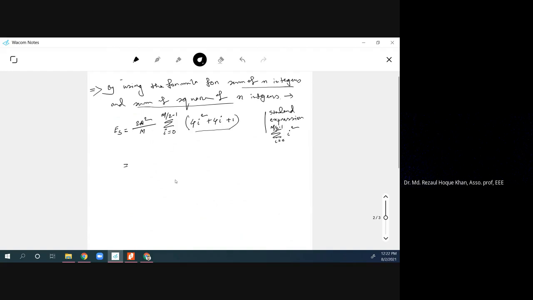So we can write 2A squared by M times the expanded sums.